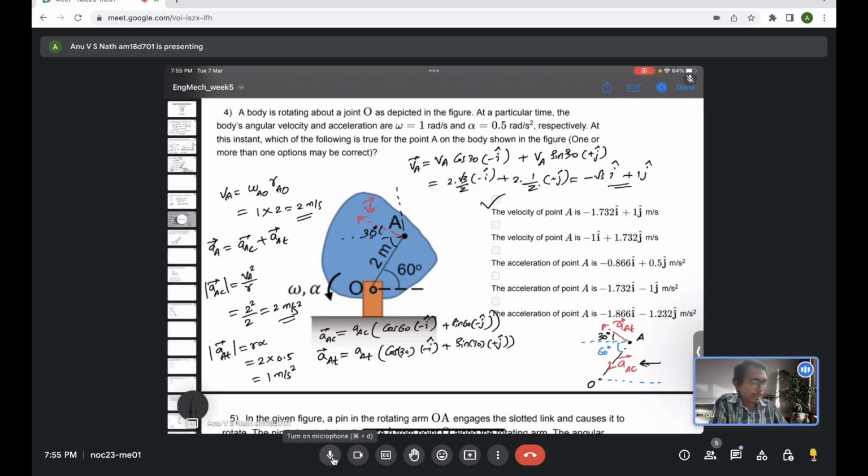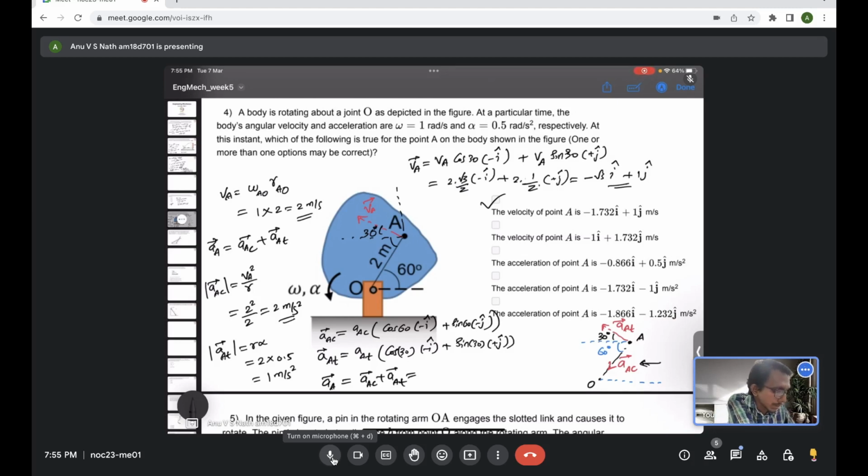Now if you just evaluate it, I'm running out of space here, so I'm not evaluating it, but you can try this. All the values are known, so you just need to evaluate numerically, and the final result, acceleration of A, will be just the sum of the both. So if you do that, I'll just write the final result.